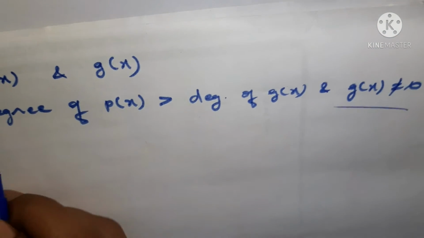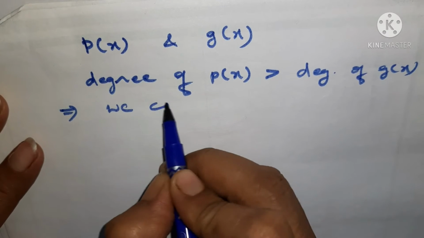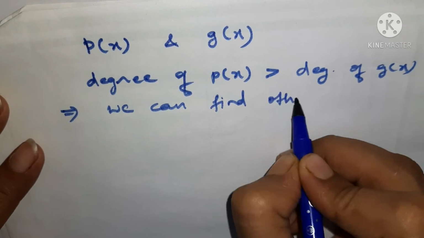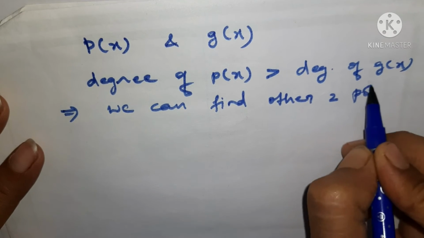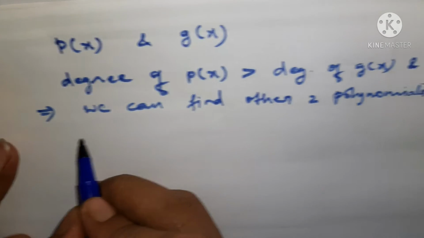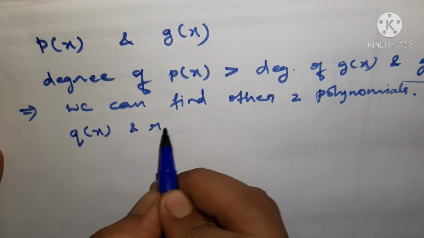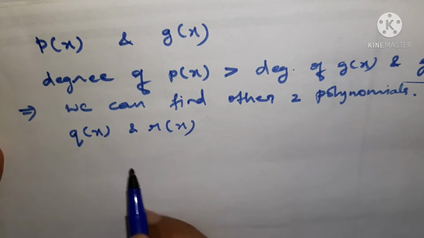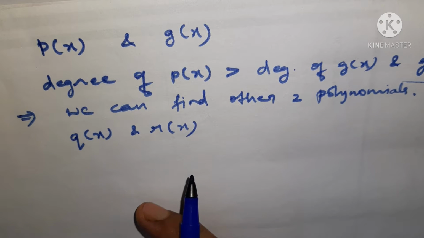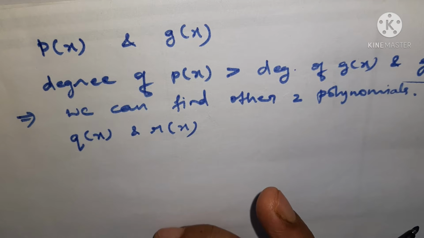In such cases we can find other two polynomials, say qx and rx, such that the degree of rx is less than that of gx.